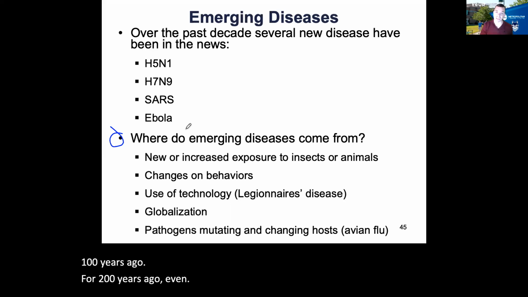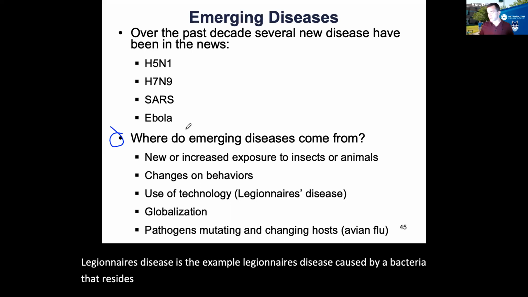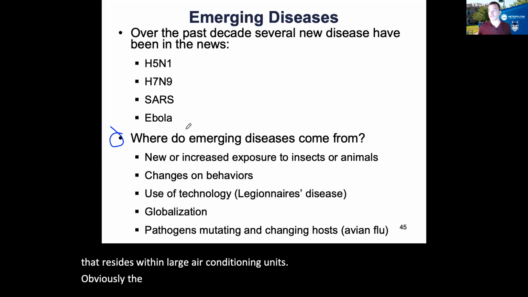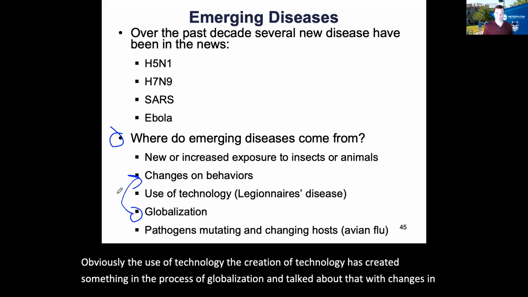Use of technology. Legionnaire's disease is the example. Legionnaire's disease is caused by a bacteria that resides within large air conditioning units. So obviously the creation of technology has created something in the process. The globalization, okay, I talked about that with changes in behaviors.